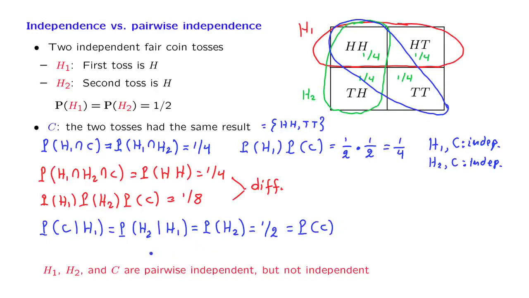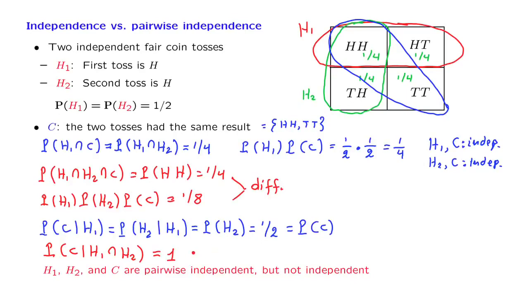On the other hand, if I were to tell you that both events H1 and H2 happened, what would the conditional probability of C be? If both H1 and H2 occur, then the results of the two coin tosses were identical, so you know that C also occurred, so this probability is equal to 1.